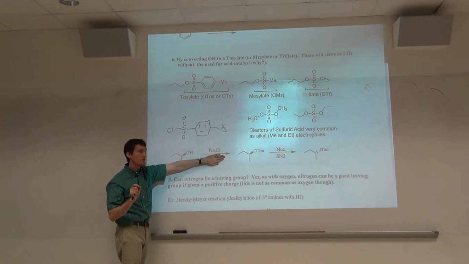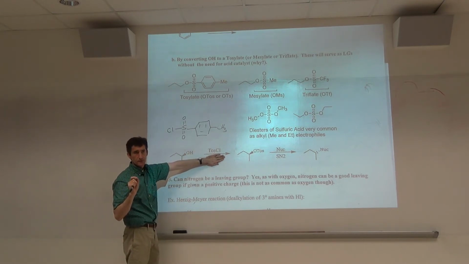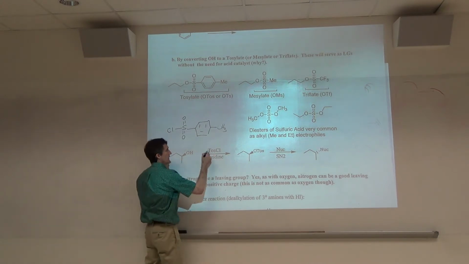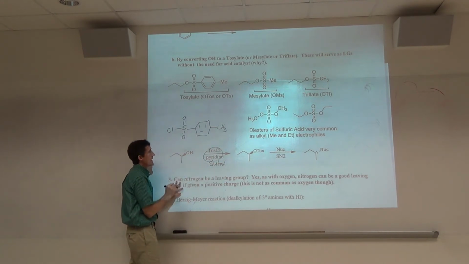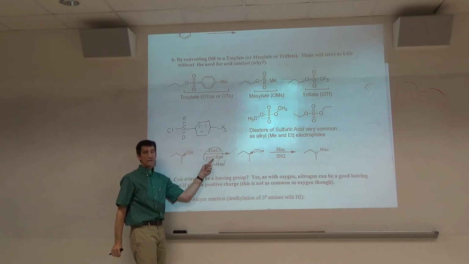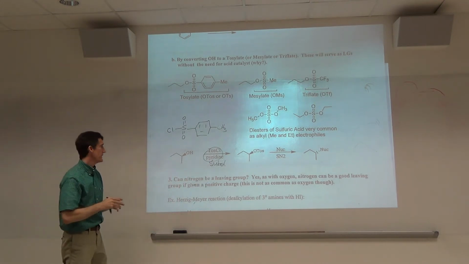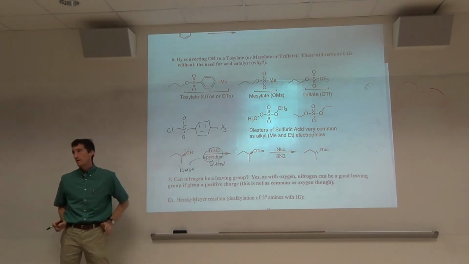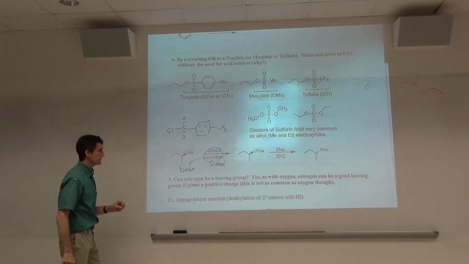It's a substitution. The problem is that sulfur is not tetrahedral. It's got a pi bond to it, so it's a little bit different mechanism. It produces HCl. We include pyridine to react with the HCl. Pyridine is a base. I'm not giving you the full, complete mechanism, just some information.